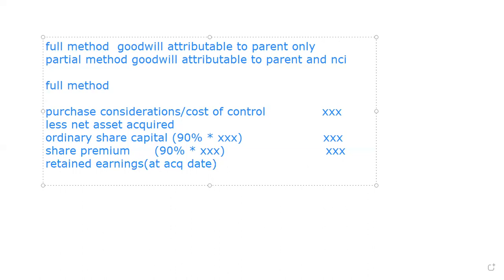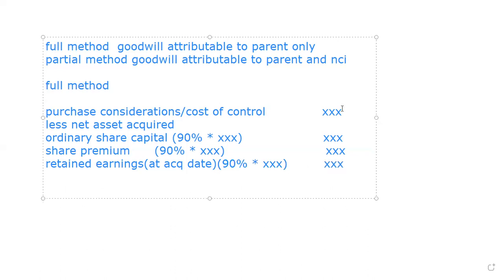There will be a retained earning at the acquisition and another in the trial balance, so you only take the one at the acquisition date. You take 90% and multiply it with the amount.